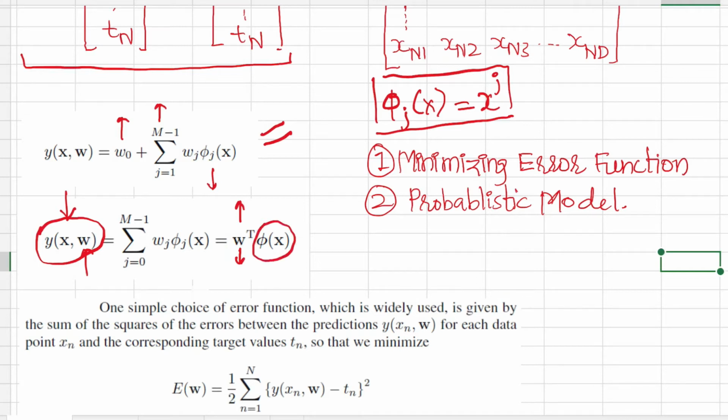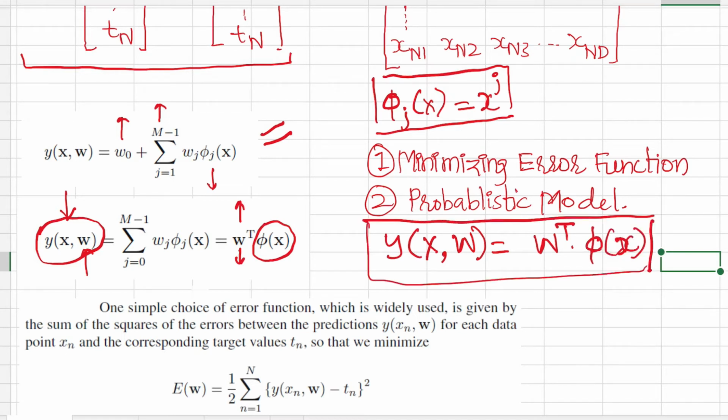And this phi of x is again a matrix of basis function values. So the final prediction for any unknown x and w would be w transpose and the dot product of basis functions. This is what we have as a final model.